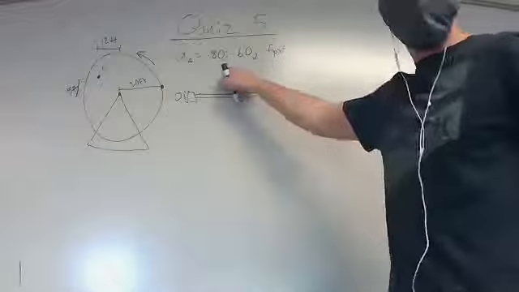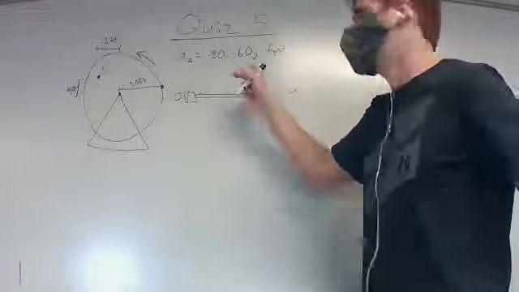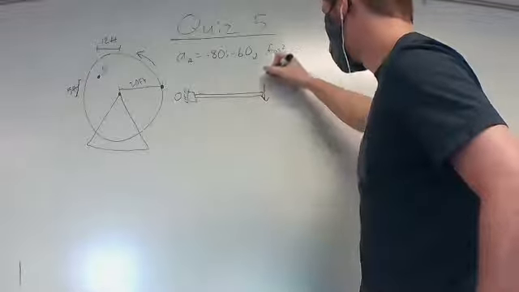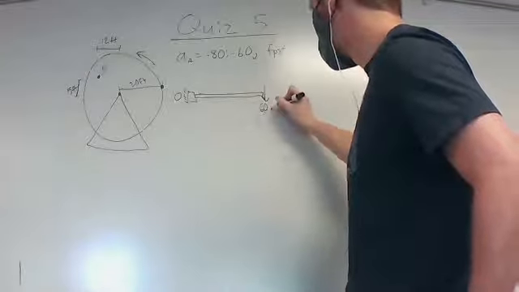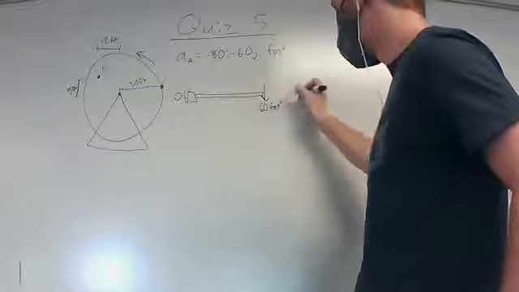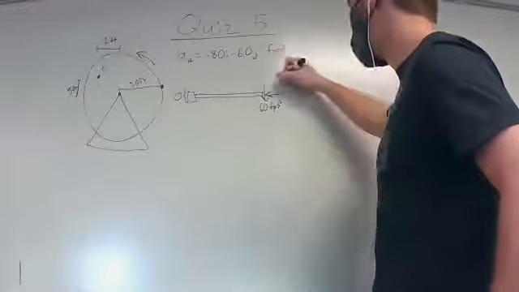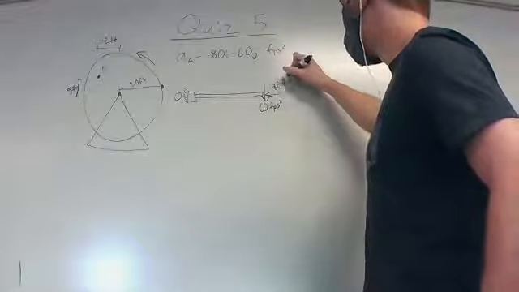So i is going to be our x and j is going to be our y. So we're going to have 60 down, 60 feet per second squared, and 80 feet per second squared.